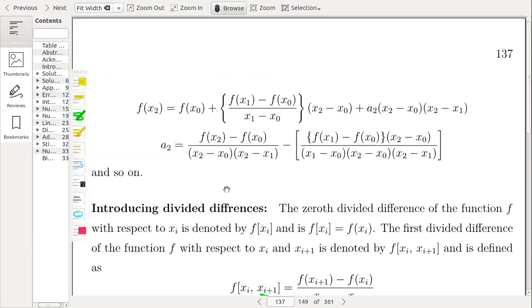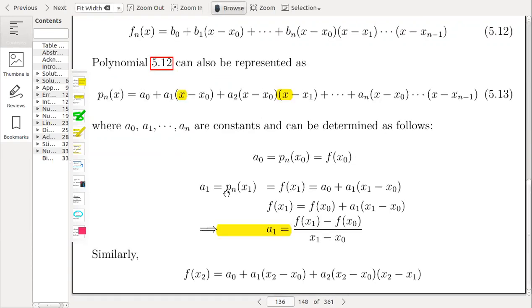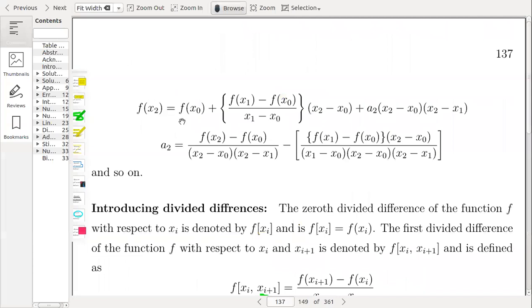And after simplification, we can write f of x2 equal to f of x0 plus f of x1 minus f of x0 over x1 minus x0 into x2 minus x0, plus a2 into x2 minus x0 into x2 minus x1. Here we actually want the coefficient a2.